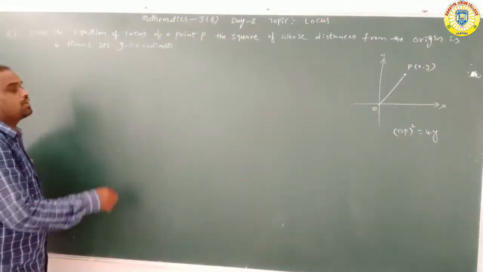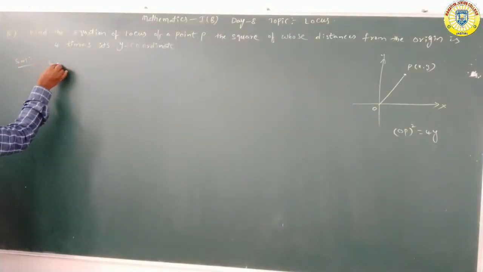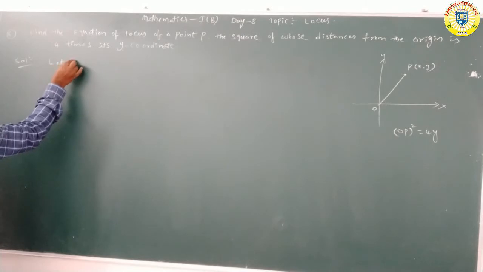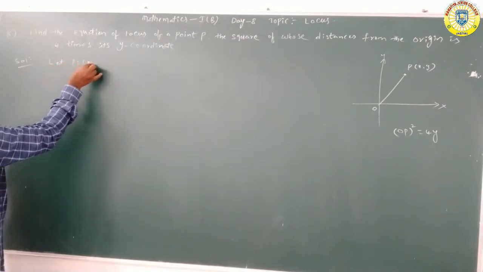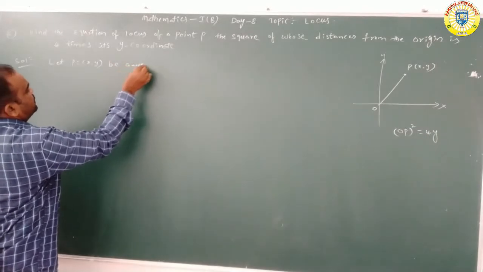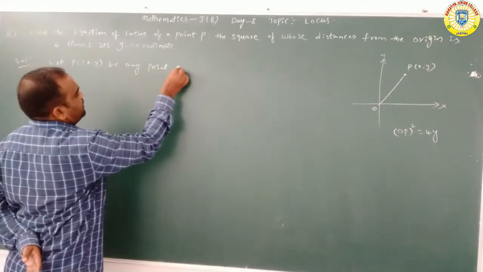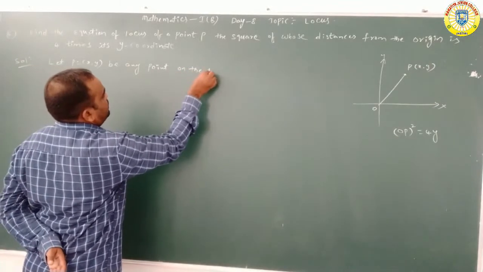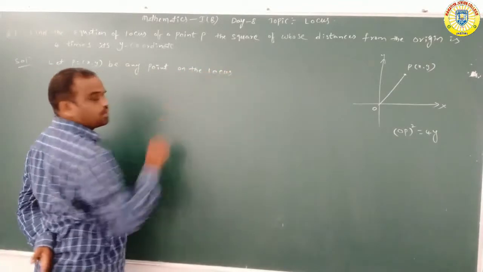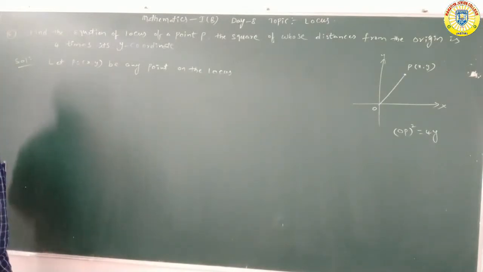Simple problem. Solution: the common step for every problem, let P equal (x, y) be any point on the locus.